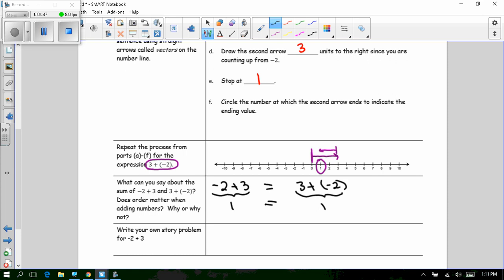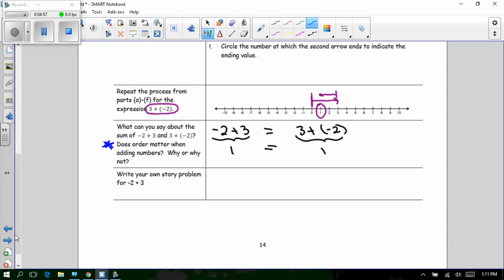Does the order matter? This is kind of important. Can I add them in any order I want? Yes, I can. Adding in any order doesn't change the answer. I can add in any order and get the same answer.